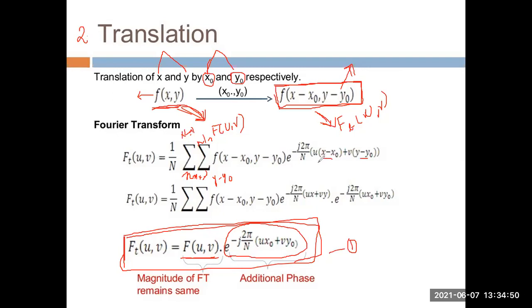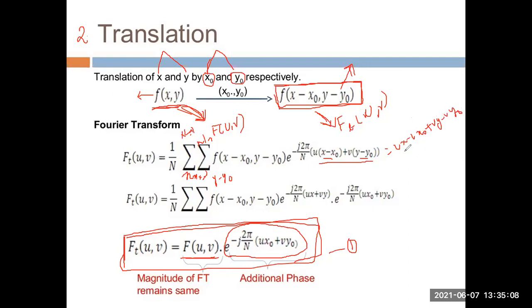Fine. Now if I open this one, it will be something like u x minus u x0 plus v y minus v y0. Now what happens?